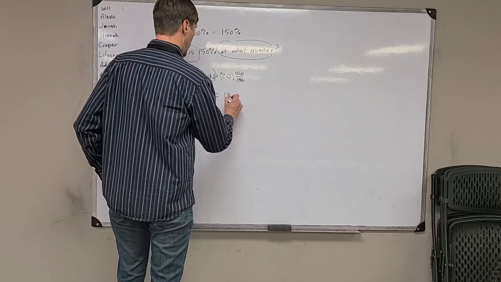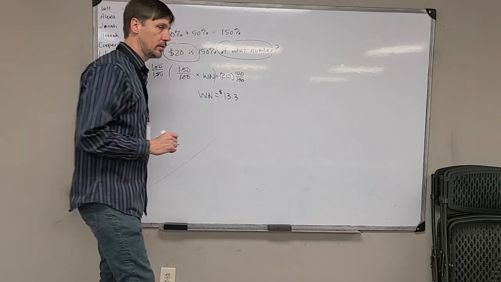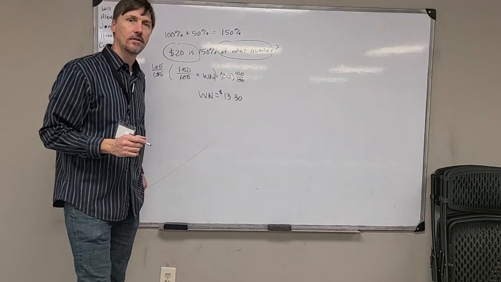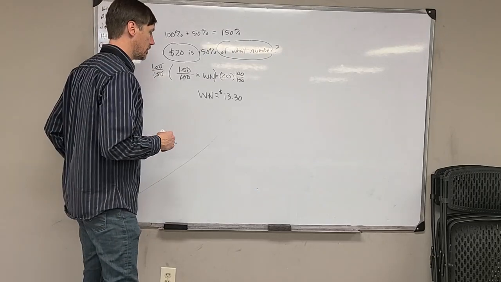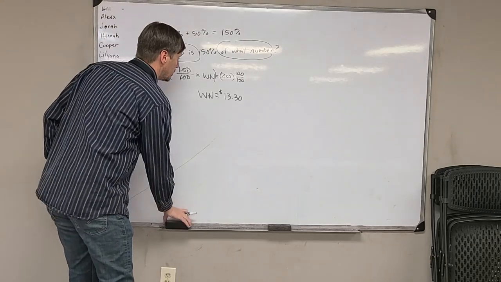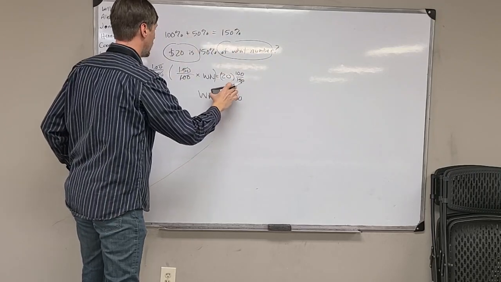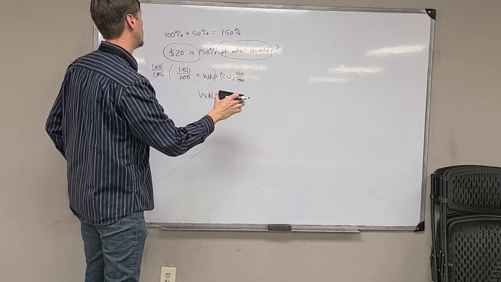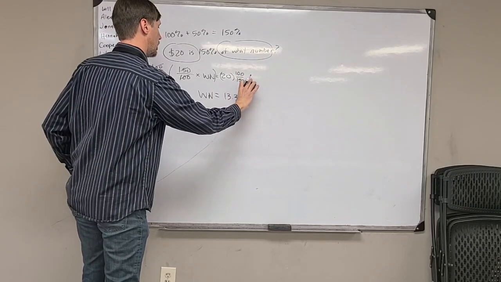So 13.3 is what they actually paid. They paid $13.30 for the product, and then they charged me $20 when they marked it up 50%. I'm going to leave the dollar part off because I didn't put dollars in the initial question. So 13.3.